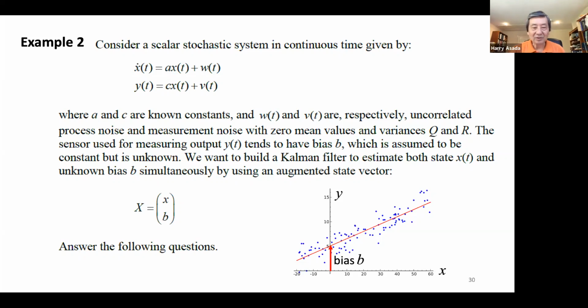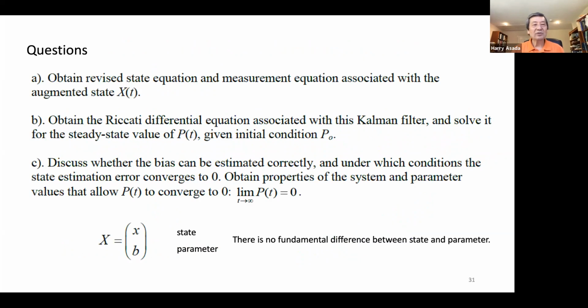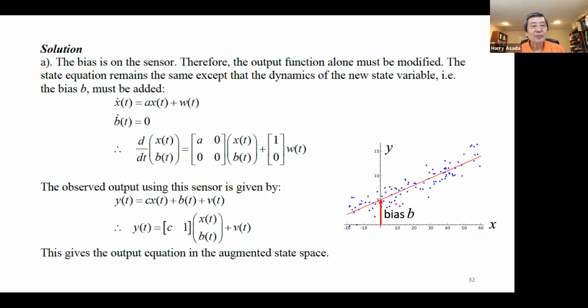So how does it work? Question 1 is to obtain the revised state equations and the measurement equation associated with the augmented state x_t. Then we obtain the Riccati differential equation and solve it for the steady state. Let's look at the first part first.